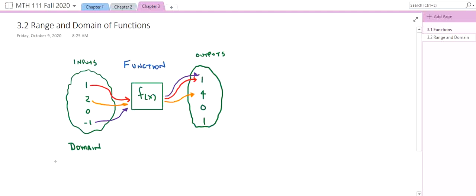And the domain are all values that can be inputs. So the set of those is called the domain.